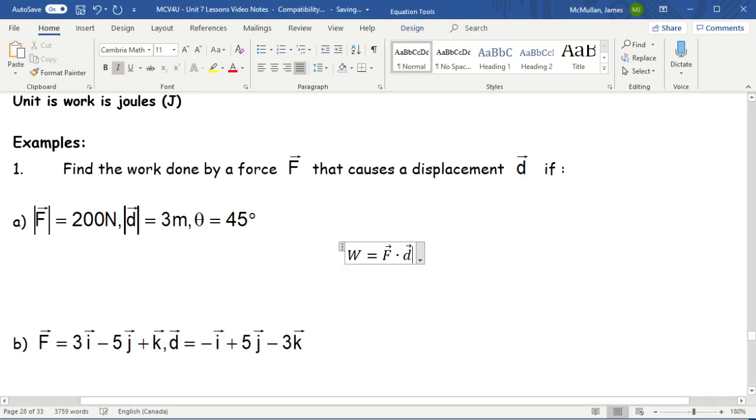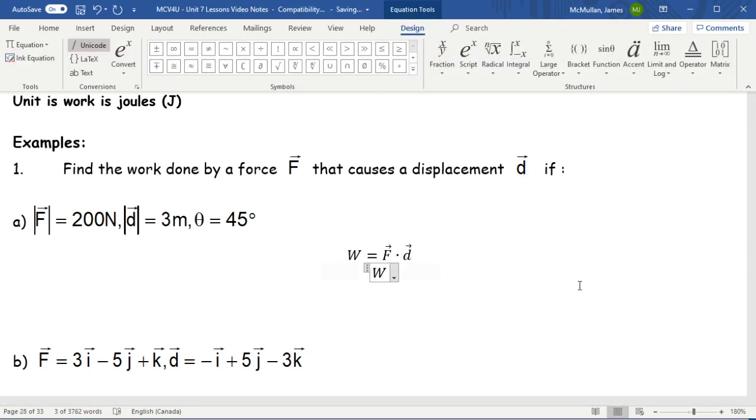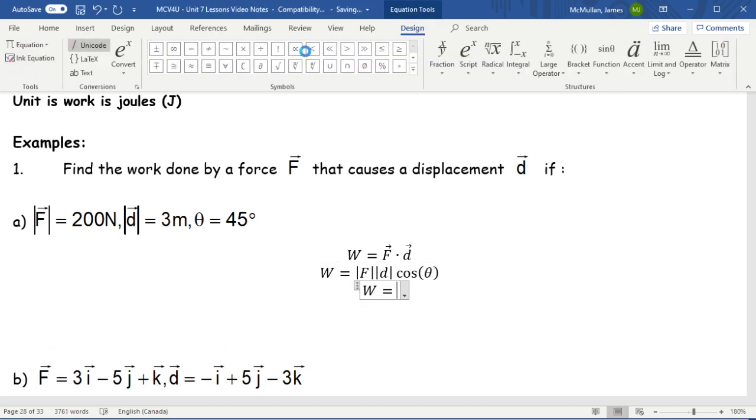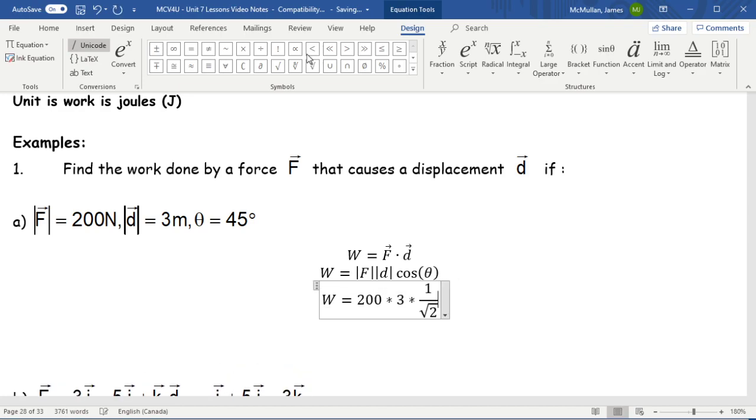Okay, now in our case, they tell us the magnitudes and the angle, so just magnitude F, magnitude D, cos theta, and theta is 45 degrees. We know that is 1 over root 2, so we have 200 times 3 times 1 over square root 2. Okay, and so we just end up with the answer 600 over square root 2.